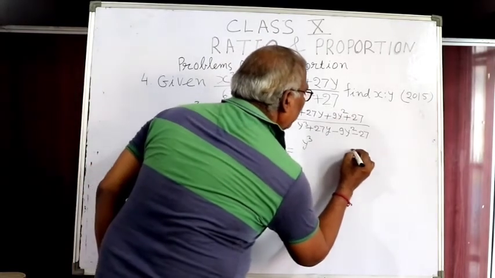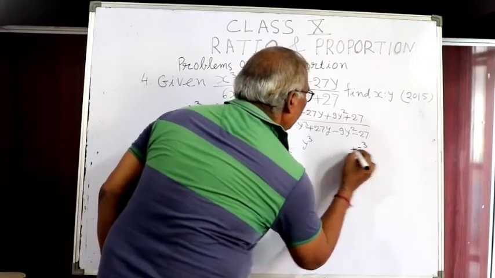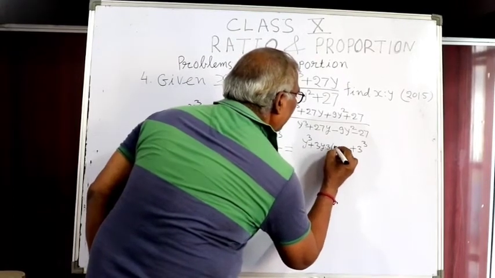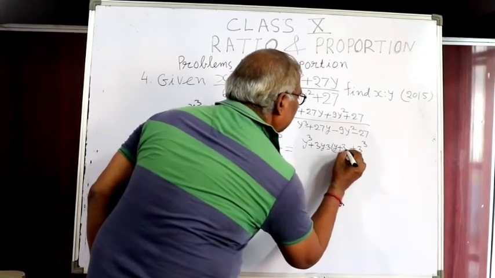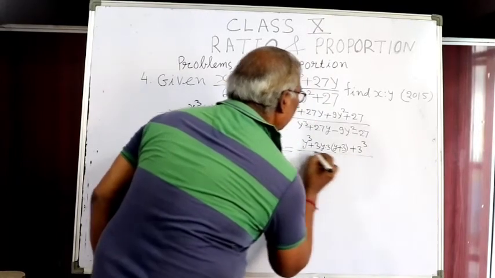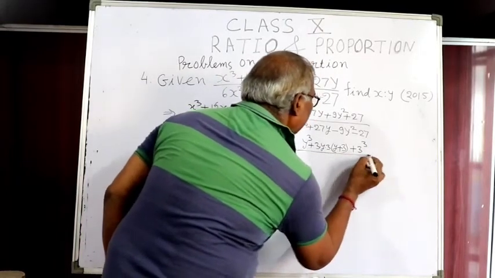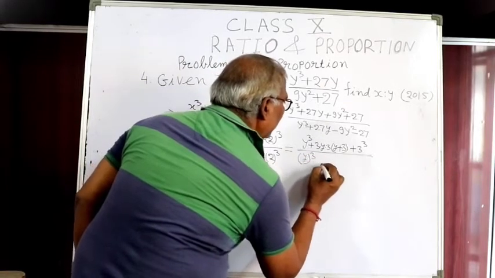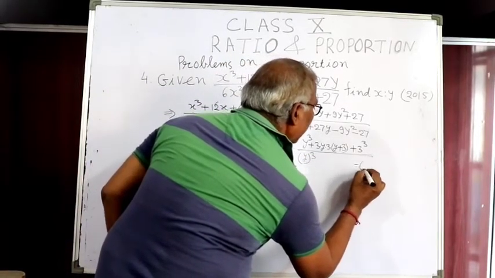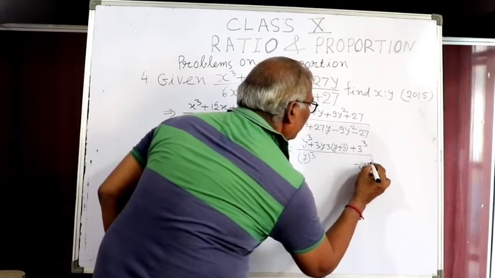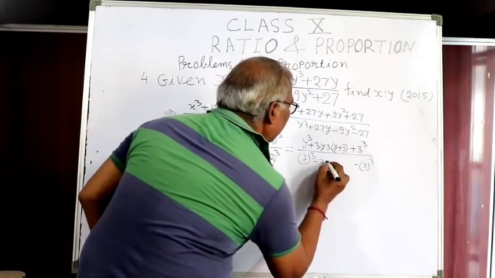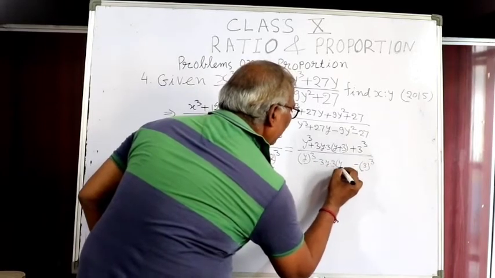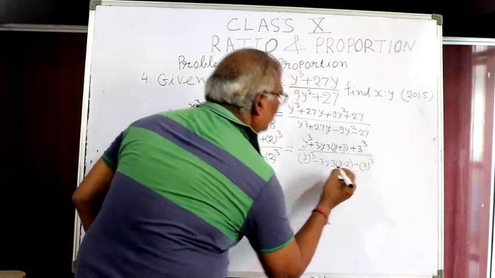Then similarly here we get y cube plus 3 cube plus 3 into y into 3 in bracket y plus 3, and in the denominator we get y cube minus 3 cube and minus 3 into y into 3 in bracket y minus 3.